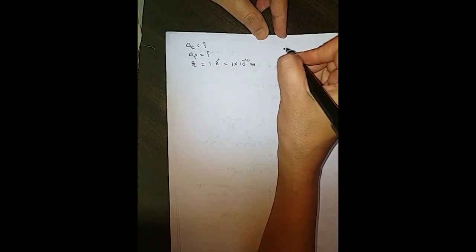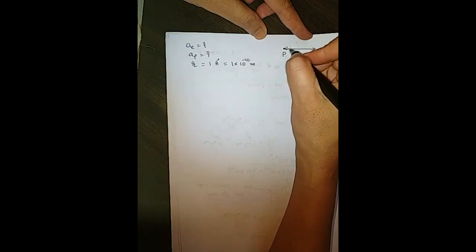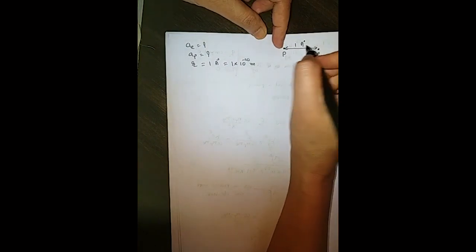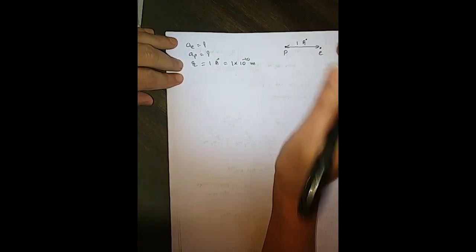Just try to understand. Here I am having one proton, here one electron, separation between them is 1 angstrom. One is positively charged, another is negatively charged, so there will be force of attraction. Due to this attraction, there will be acceleration. Both will get accelerated towards each other. I have to find this acceleration.